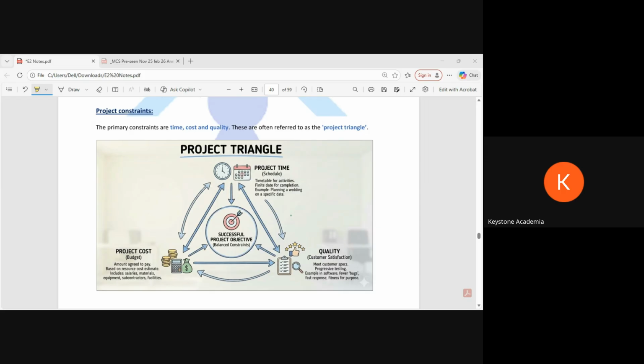For example, we got a new deal. Let's say we have got one business client. They need, let's say, 1,000 laptops, and we have to deliver that in 1 week. Let's say we agree on that time, or we are thinking to agree on that time. So can we just do it on the project time without thinking about the cost and the quality? Especially if you are agreeing to do it in 1 week or 10 days, in a short period of time, then we might have to procure the inventory early.